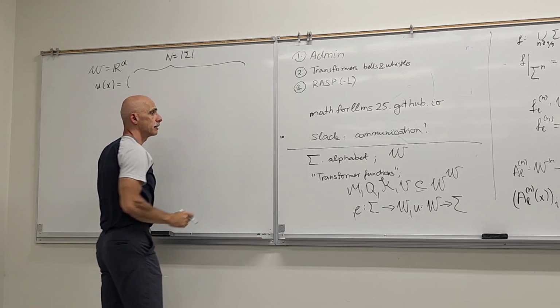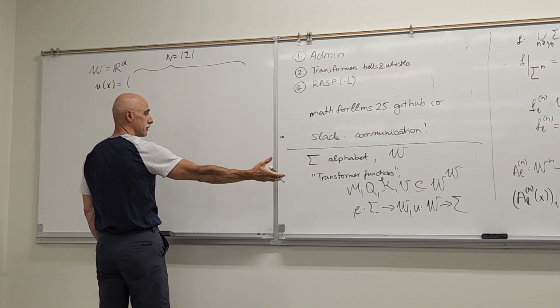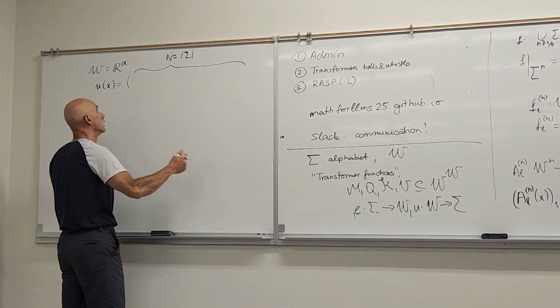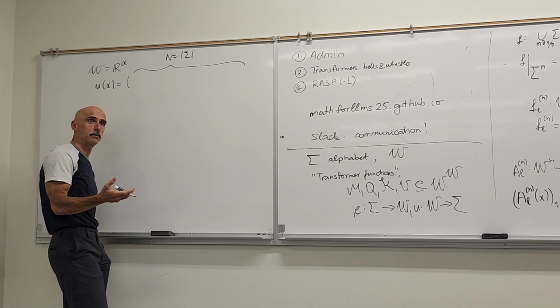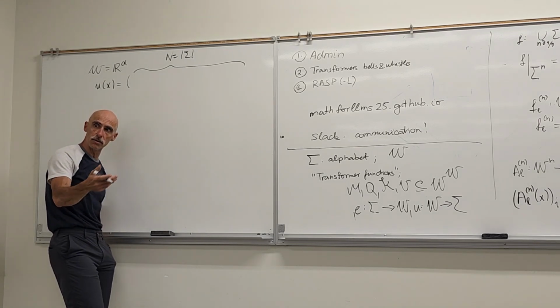So each element of the alphabet is, maybe through the embedding vectors, associated with some vector. Let me call these vectors w_1 to w_N.